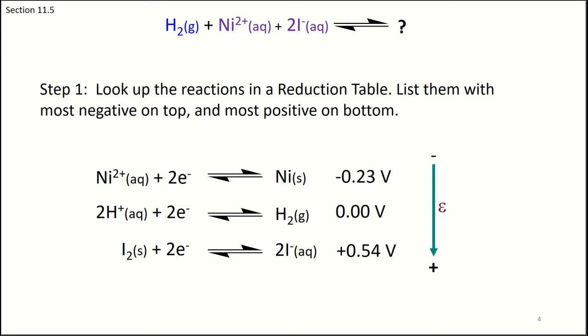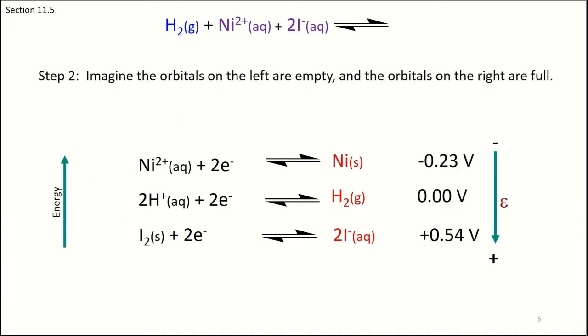So we put that below the reaction including the nickel 2 plus ion. And lastly, the reaction that includes the iodide ion is listed with a potential of positive 0.54, so that we will put at the bottom. So we have effectively written these from the most negative potential to the most positive potential.